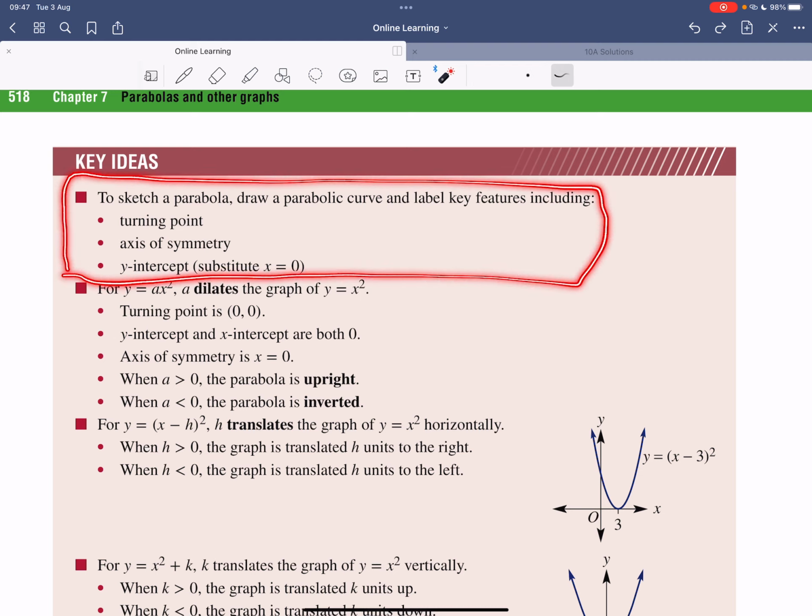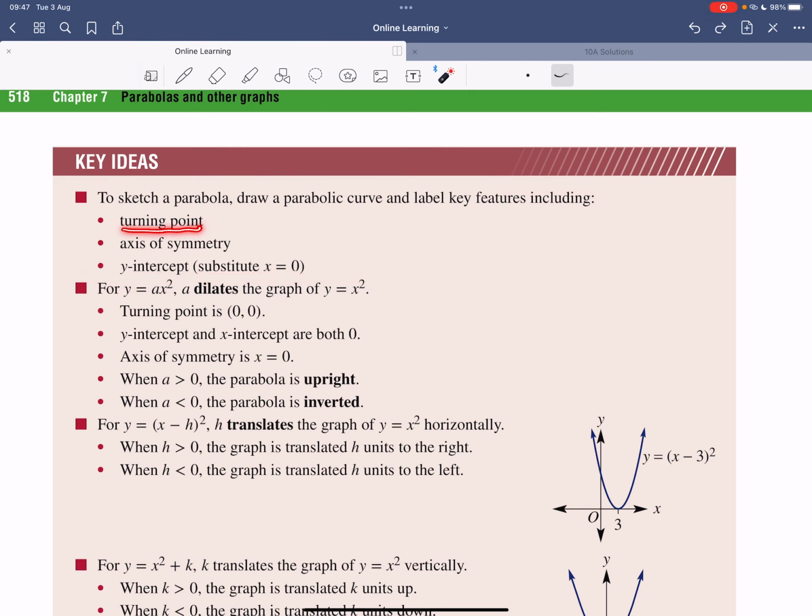All the different types of functions that we're going to be looking at today have a turning point, a point at which the function starts to change direction. So right here is the turning point.